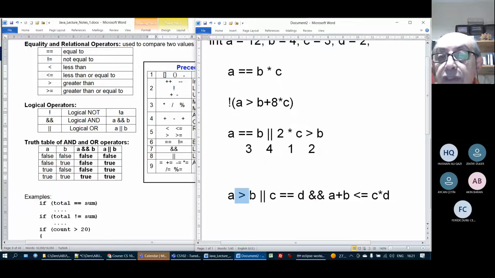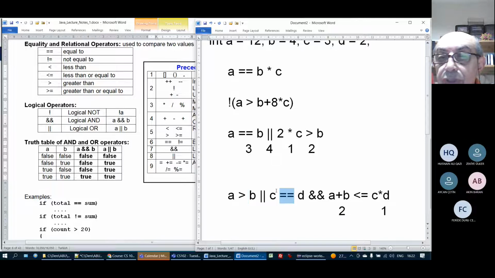Among these relational and equality operators, greater than, less than, and so on, let's write below: this is done first. The multiplication is done first. Okay. And then here we will have this done at the second stage. Now we have greater than, equal, less than or equal.